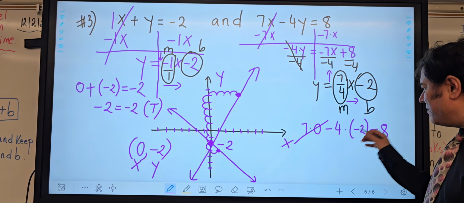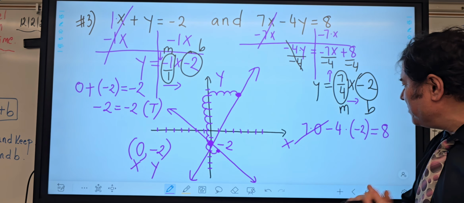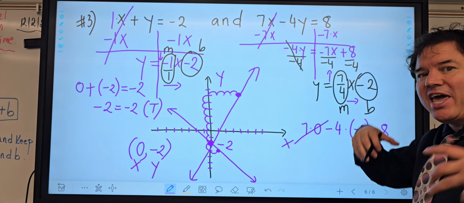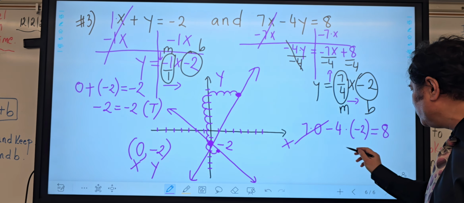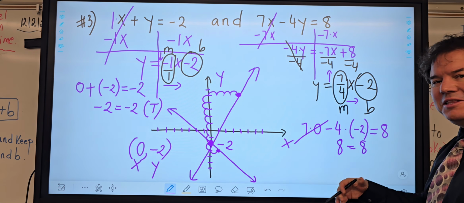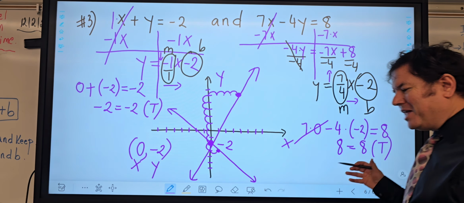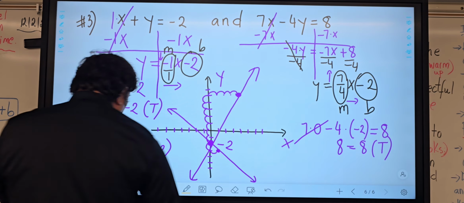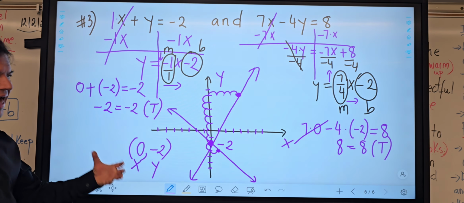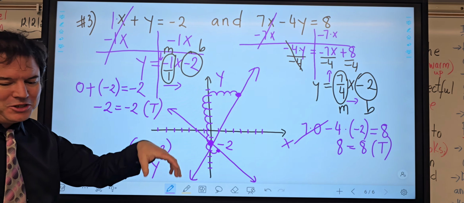And then negative times a negative, that's the triangle. Remember, we learned that in the previous video. Negative times a negative becomes a positive, right? 4 times 2 is 8. 8 equals 8. And again, we get another true statement, which tells us that 0 and -2 is in fact the solution of this system of equations.